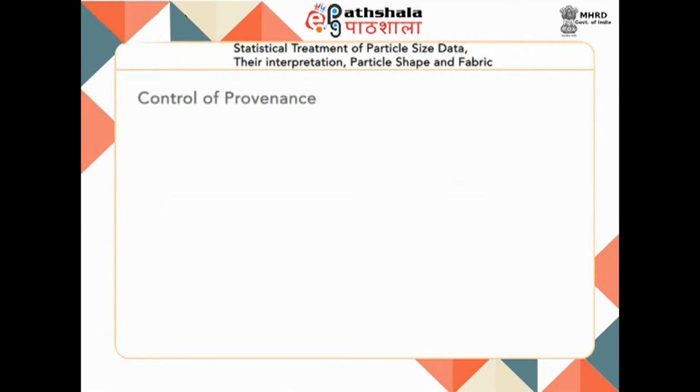So, first start with the control of provenance. Depending on lithology, erosion and weathering history, specific sizes of grains are supplied from any source area. Sediments generated out of chemical weathering of acid igneous rocks such as granites are characteristically quartz grains corresponding to the size of quartz crystals in granite, and clay minerals, that is kaolinite, smectite, illite, principally developed through decomposition of feldspars in the weathering profile.